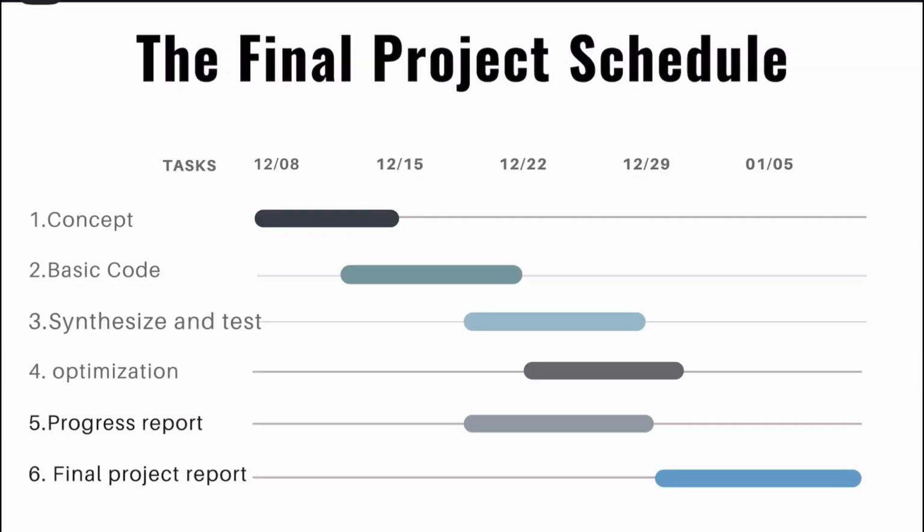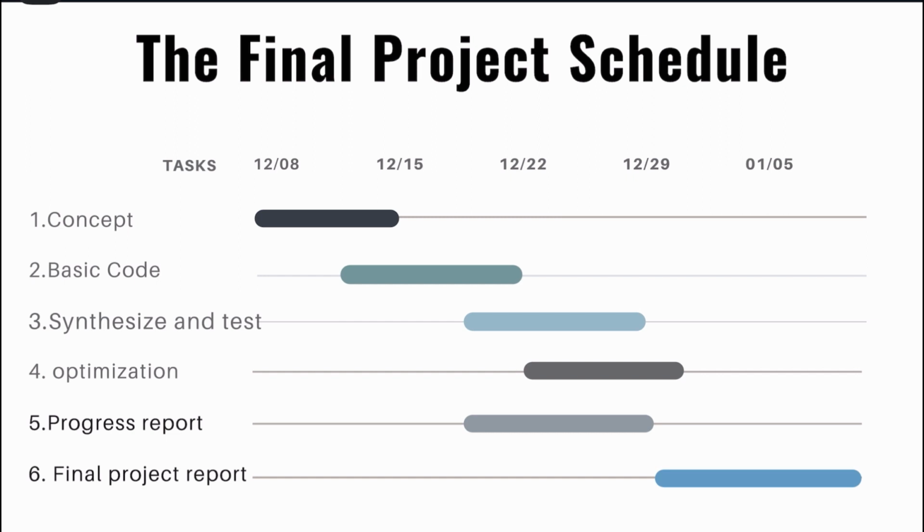Number 6. This is our schedule. We have finished the conceptualization phase and are now working on the initial coding. Our aim is to complete the initial coding by next week. After that, we will allocate 2 to 3 days for synthesizing and testing the modules while simultaneously beginning work on the progress report.